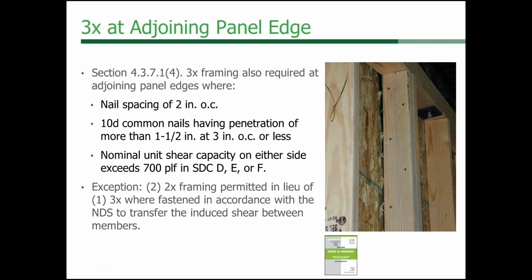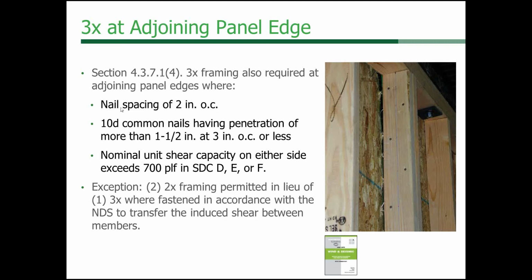There's some additional requirements in section 4.3.7.1 which has to do with, depending on the nailing or the spacing of your nails, this doesn't have to do with panels on both sides of the wall. This is where you would join in a panel edge on one side.